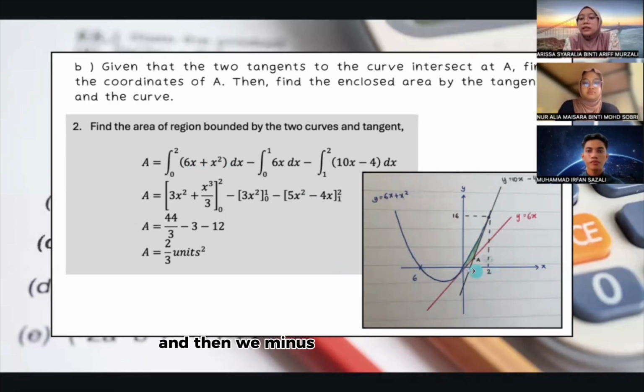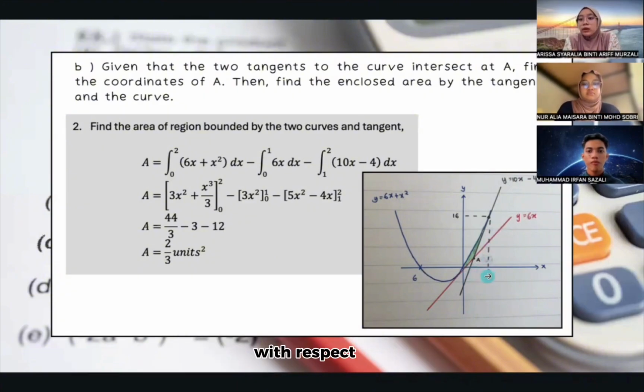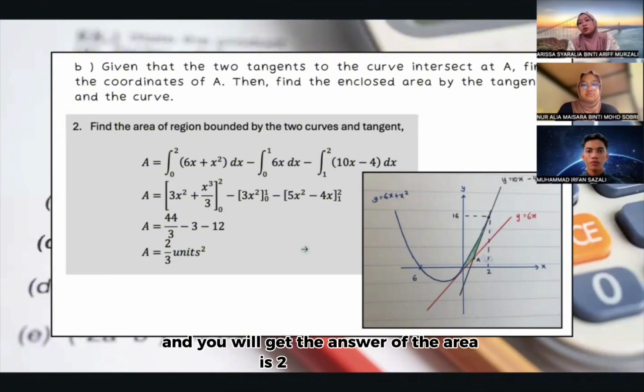Then we minus the integral of the line 6x with the interval 0 until 1, and minus the integral of 10x minus 4 from the interval 1 until 2 with respect to x. We just solve it and we will get the area of 2/3 units.